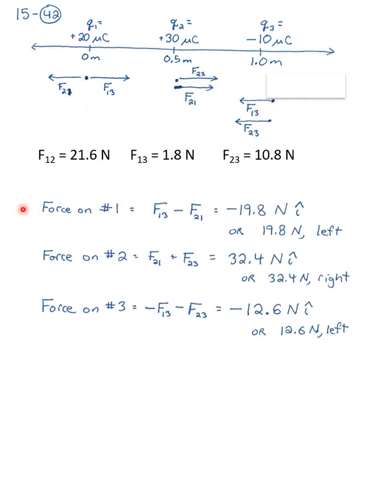And this is where our picture is going to be necessary so we can see what directions things are going. Let's think about the force on charge 1. It is going to be the force of 3 pulling on 1, minus the force that 2 is pulling on 1. There's a minus because they are opposite direction.